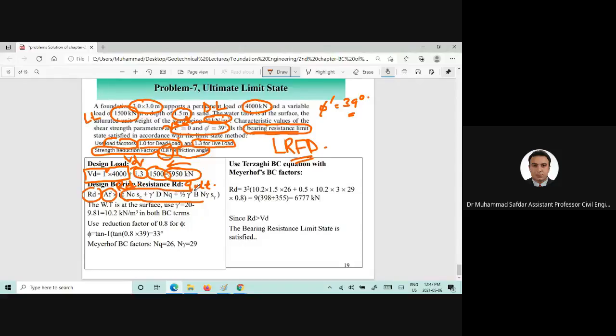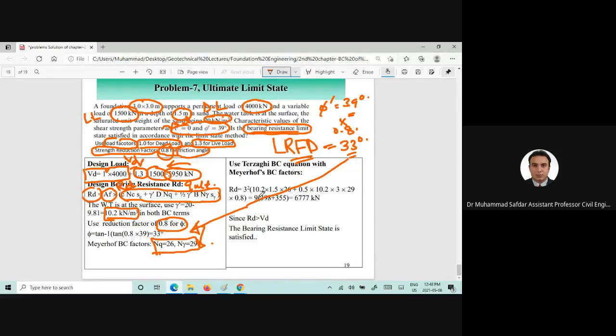Now, we are using the concept of the reduced strength design here. The water table is at the surface, so you will use gamma prime for the unit weight. You can see here the strength is reduced by 20%, so you need to multiply by 0.8 and you will come up with a new value of the friction angle. You put that value in, and based upon that friction angle, you find the bearing capacity factors.